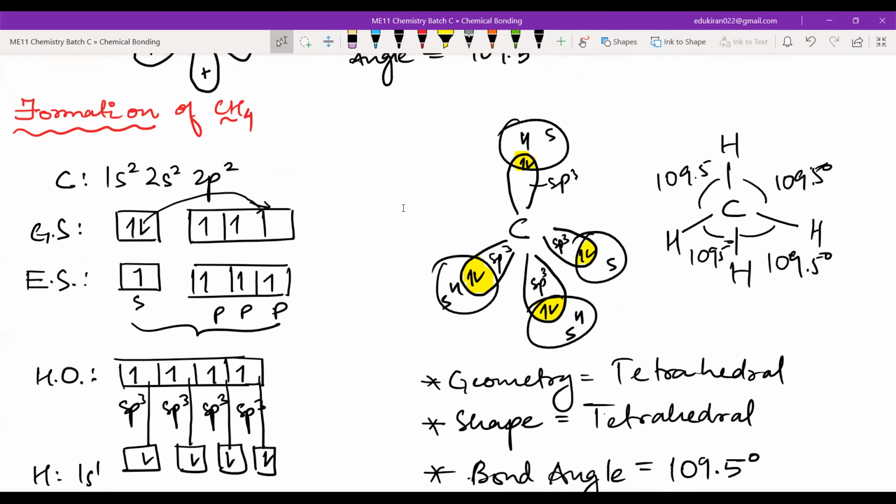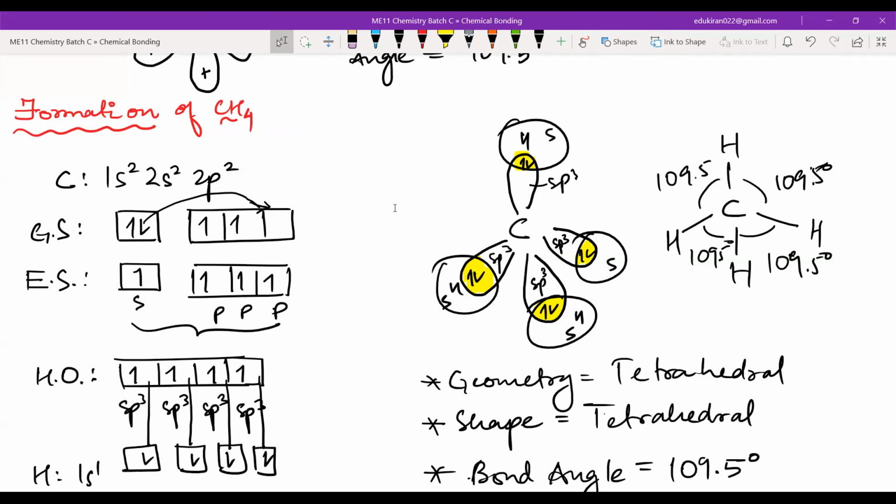How many sigma bonds for carbon? 4 in CH4. Very good. Now what is my next question? How many unpaired, not lone pairs, unpaired electrons?